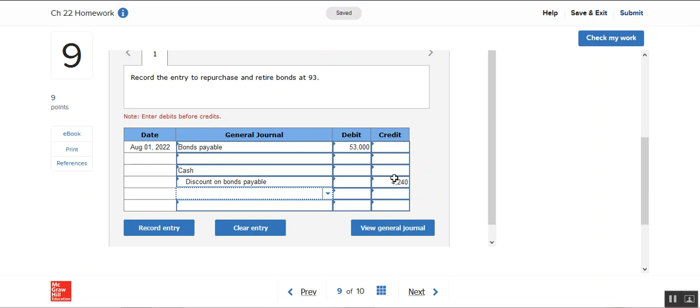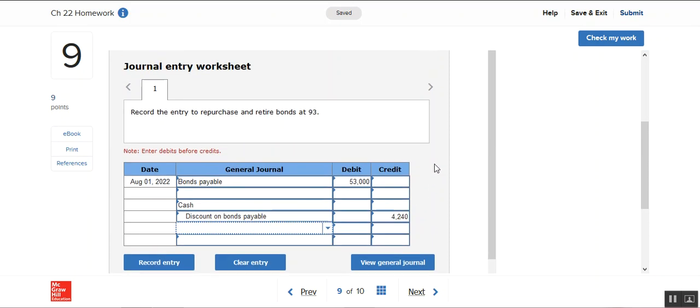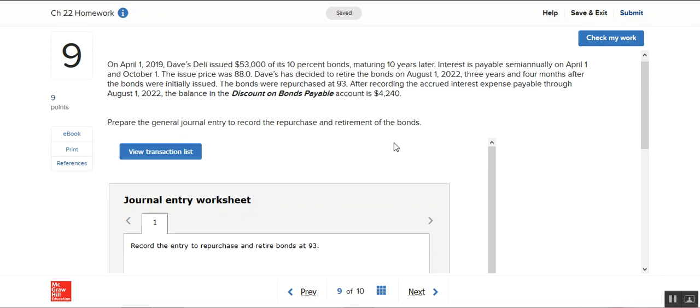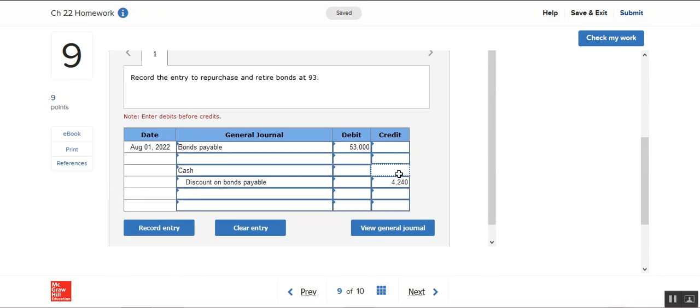And let's see. The bonds were repurchased at 93. So we've got $53,000 worth of bonds repurchased at 93%, which is $49,290.